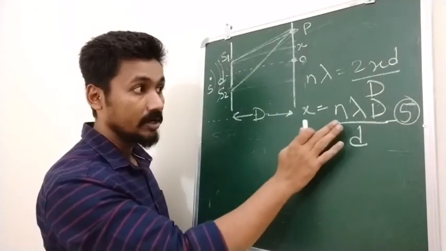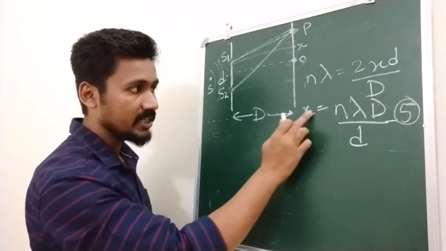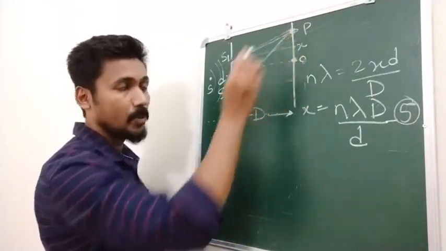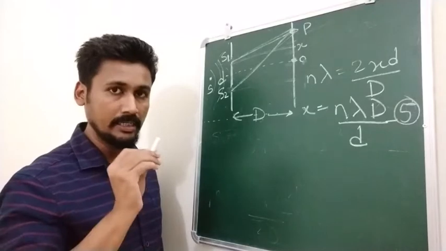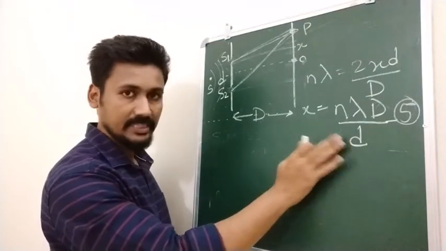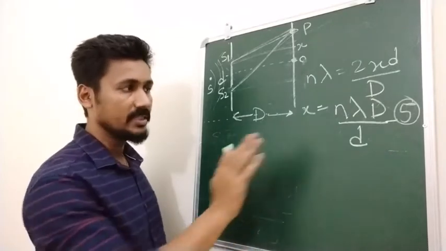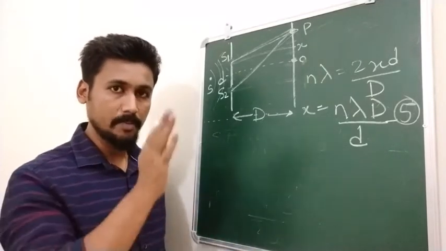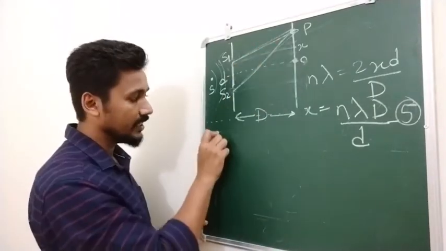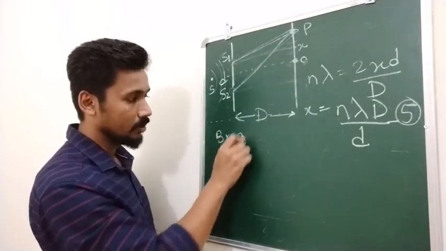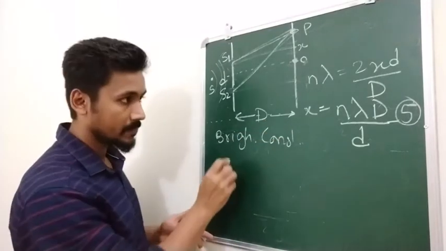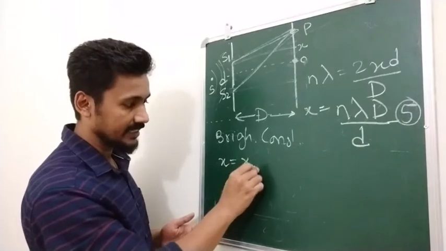Okay, now what is the significance of this? Based on this distance x, it will be decided whether that point will be a bright fringe, that is a bright spot, or a dark spot. So hopefully this much is understood, and from this we are going to derive conditions for bright spot and dark spot. So if P is to be a bright spot, that is a constructive interference, then x should be equal to xn.